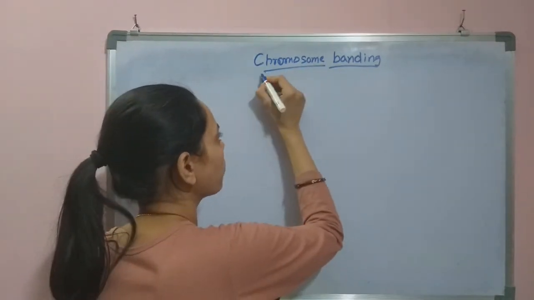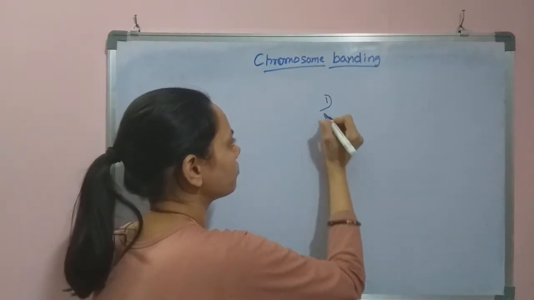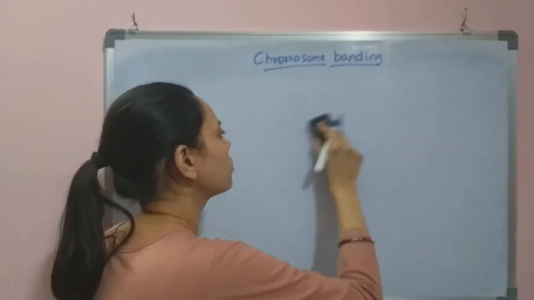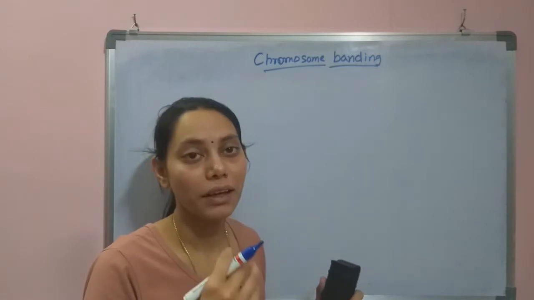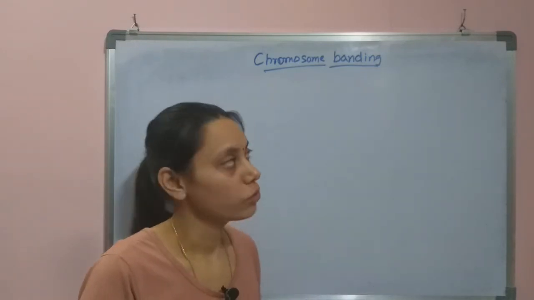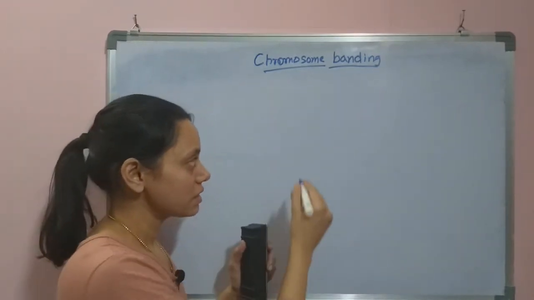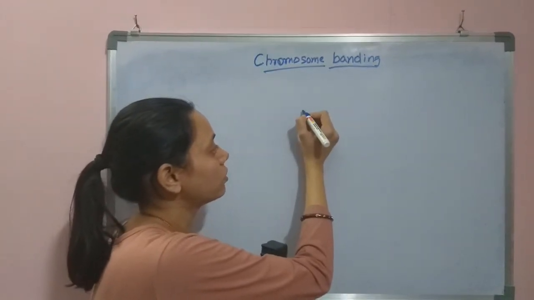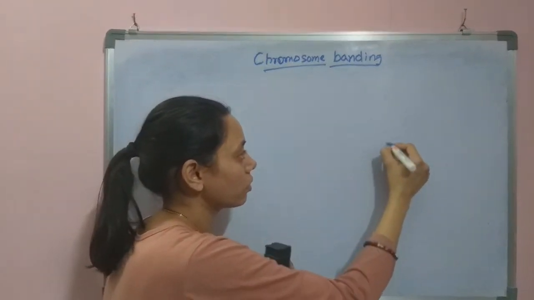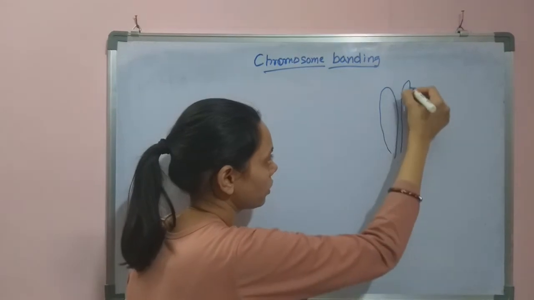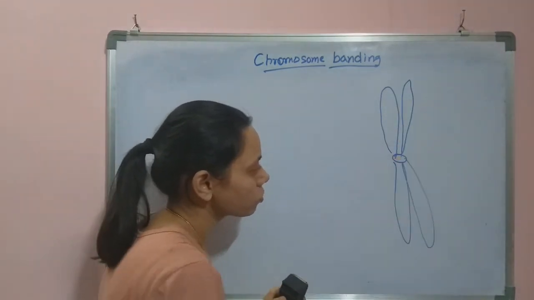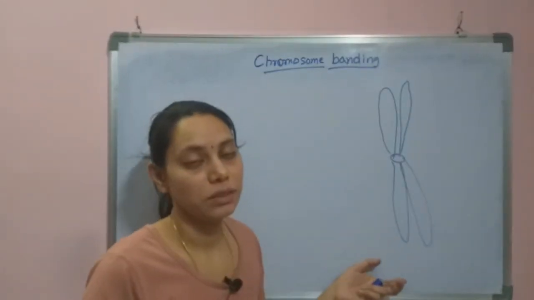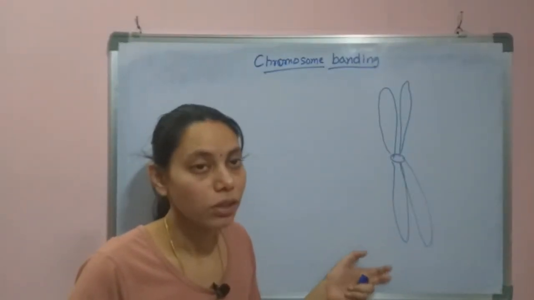Chromosome banding, what exactly is it? As the name indicates, we are going to have a banding pattern on the chromosomes. This is one of the methods employed to get the longitudinal, or lengthwise, differentiation on the chromosomes. Basically this represents the metaphase structure of the chromosome.